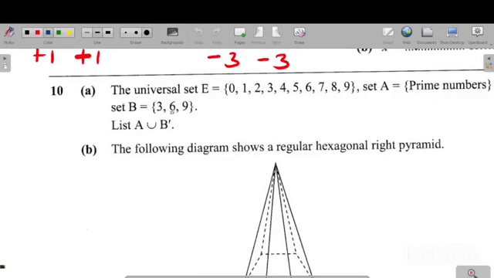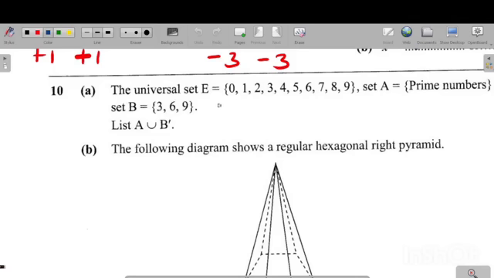All right, number 10, A says the universal set E has these elements, and set A is equal to prime numbers, and set B is that. List A union B complement. All right, so first of all, we need to know what these prime numbers are.